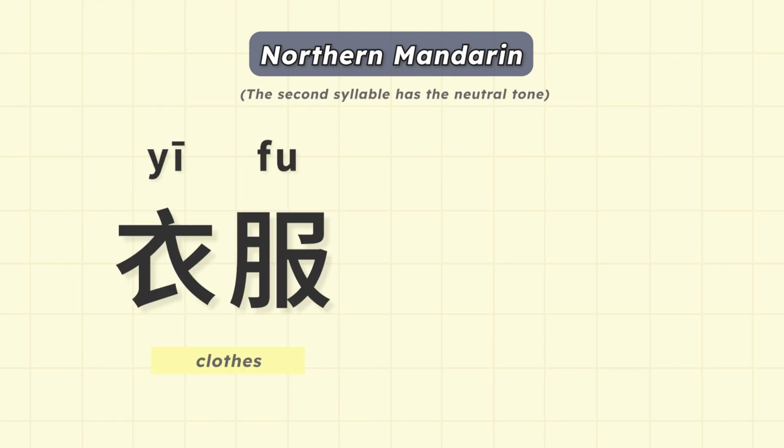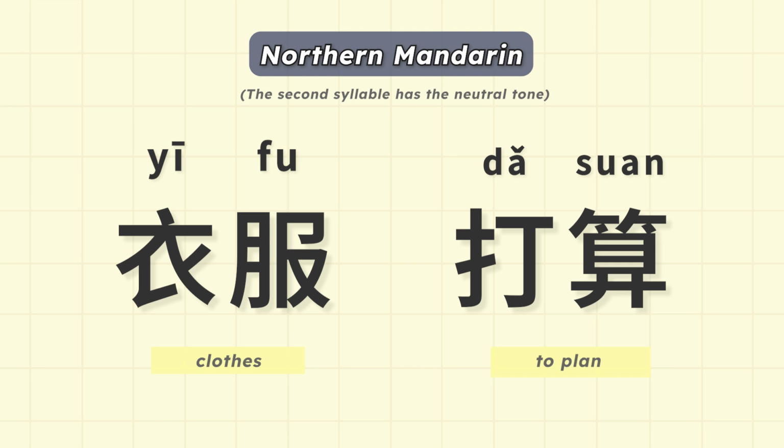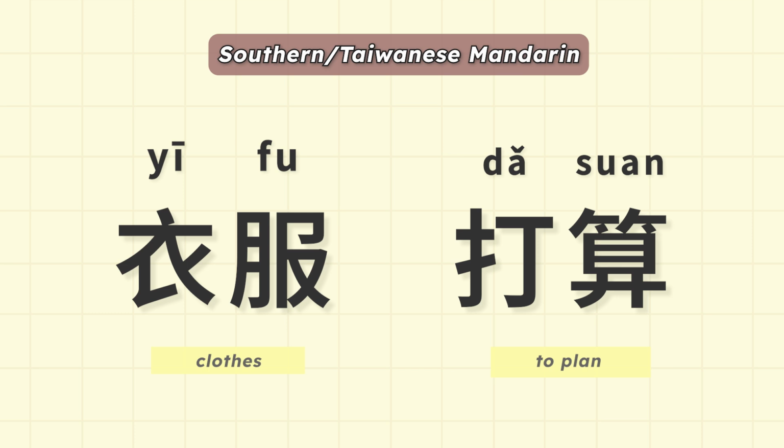For example, in northern Mandarin, you will hear people say 衣服, 打算. However, in Southern and Taiwanese Mandarin, you might hear people say 衣服 and 打算. So even if you see a word marked as the neutral tone in the dictionary, in real life, they might still be pronounced with their original tone depending on the regions.